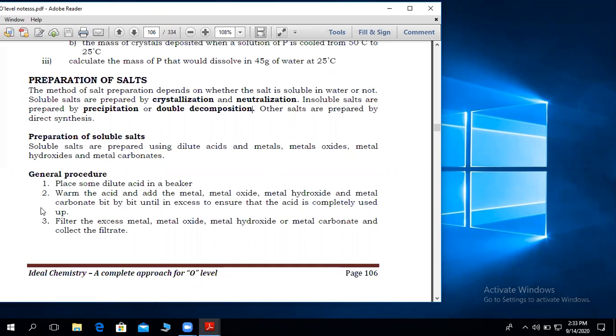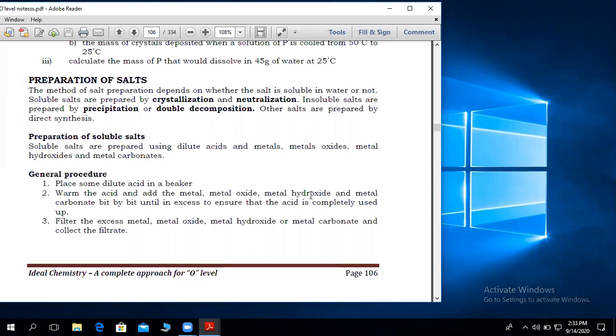Now, I want to give you an example. If you want to prepare a salt of copper 2 nitrate, that means you must use a metal of copper. You must use an oxide of copper, like copper 2 oxide or copper 2 hydroxide.